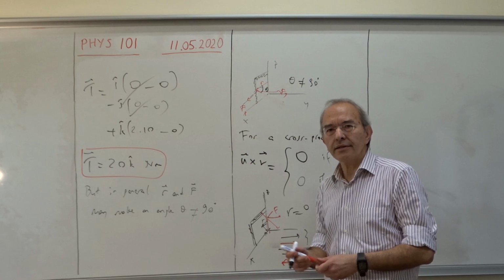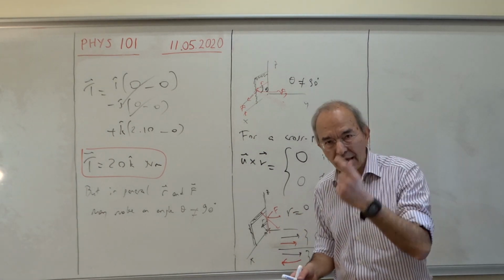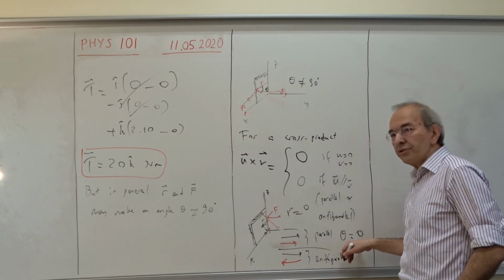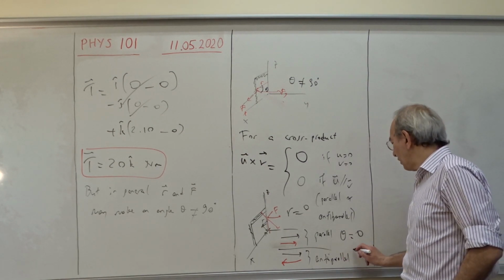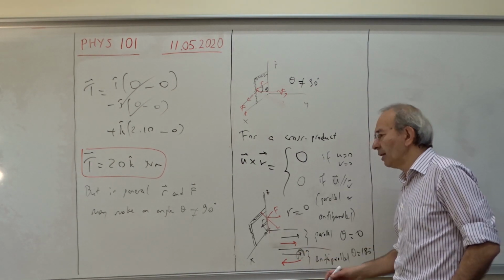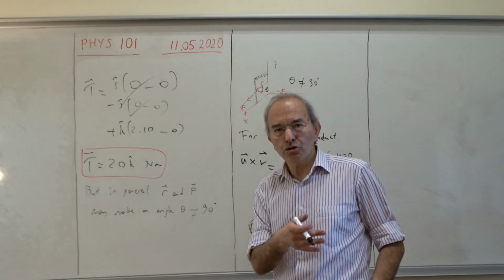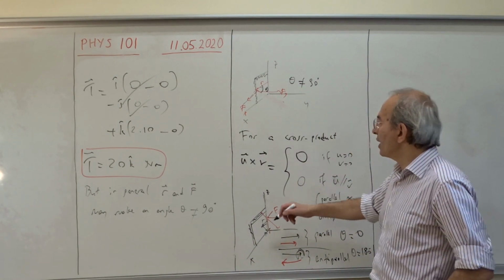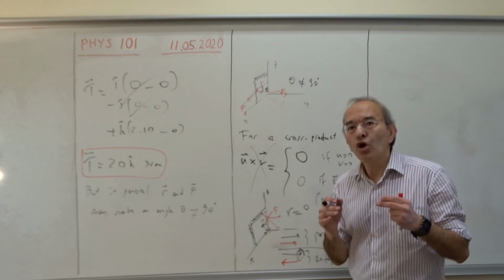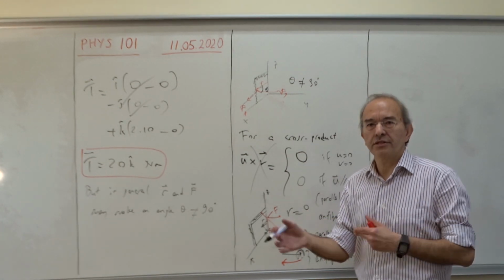And since sine of the angle is the multiplier, sine 0 is 0. But in the case of antiparallel one, theta is equal to 180 degrees between them. So this is the angle. Again, sine 180 is also 0. So in these two cases, we have no vector product, although both are non-zero vectors.